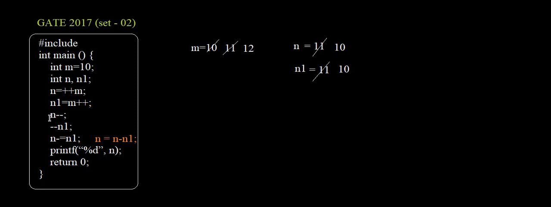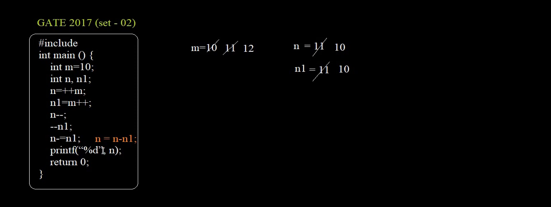See, if you are not assigning this value to any other variable, it doesn't matter whether you execute this or this, both the operations do the same for n and n1 respectively. It simply means that you decrement the value of n by 1, and here n1 has been pre-decremented by 1. Okay, it simply means that.